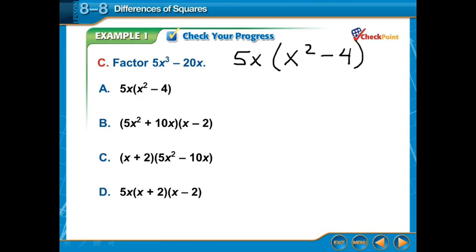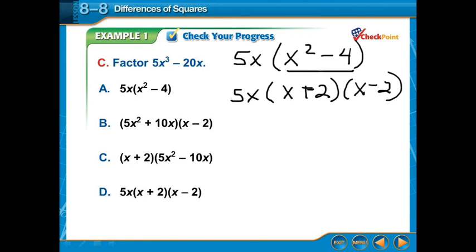I would have to multiply it by a negative 4 to get a negative 20x. Now this is the difference of two squares. So keep the 5x, and the square root of x squared is x, the square root of 4 is 2, so I have one that's added and one that's subtracted. Now, there we go. That's definitely going to be D.